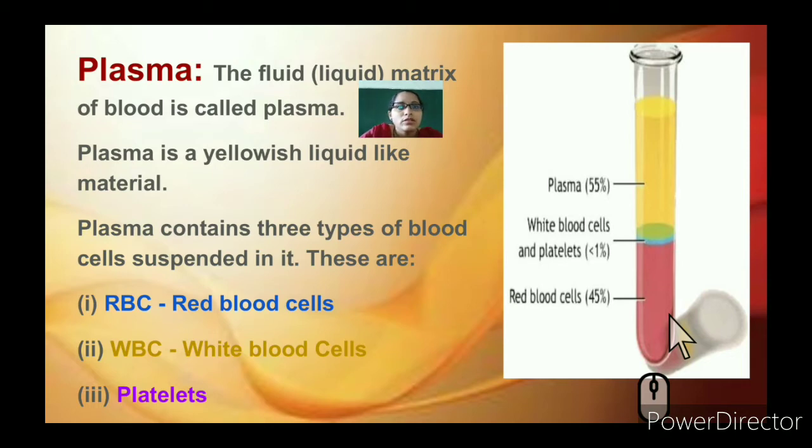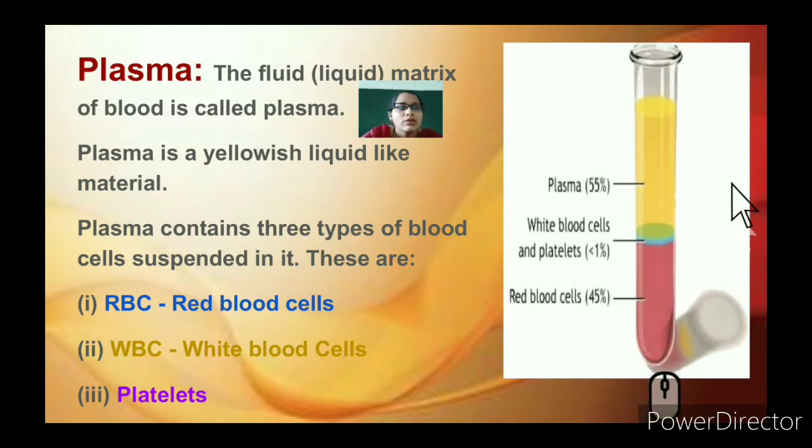On centrifugation of the blood, the plasma is separated out and it is a supernatant liquid. It is the fluid or liquid matrix of the blood, and it is known as plasma. Which color is plasma? It is a yellowish, liquid-like material.